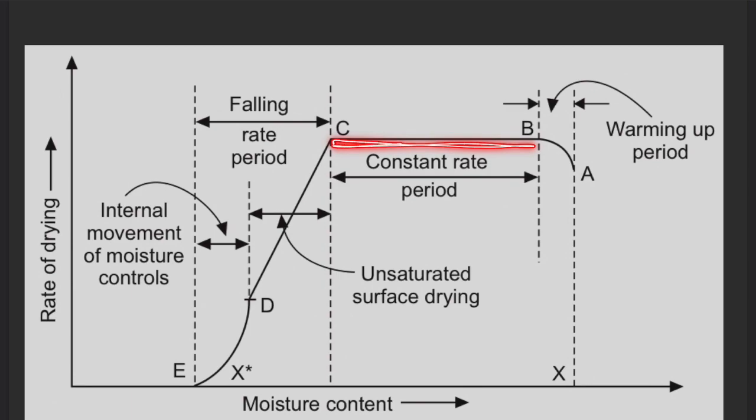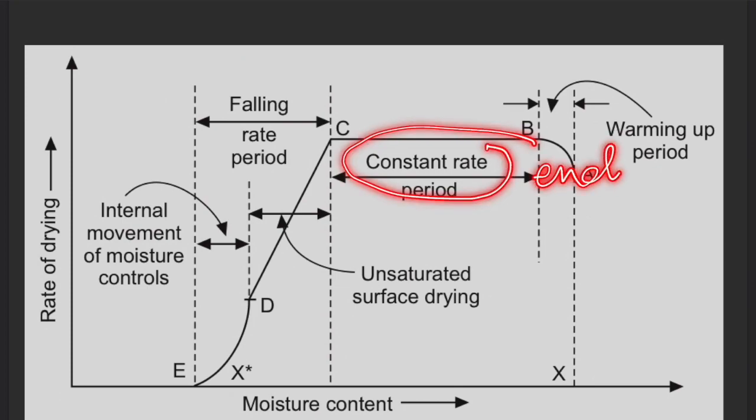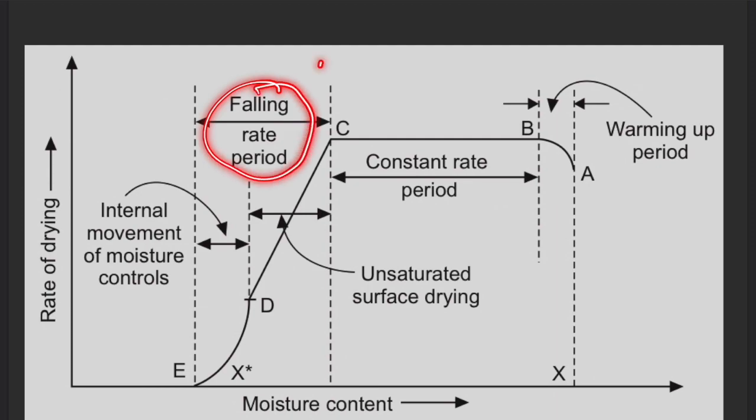This will be constant until we reach point C, which is known as the critical moisture content. This one is XC, the critical moisture content. Critical moisture content is the moisture content where the constant rate period ends and the falling rate period starts.